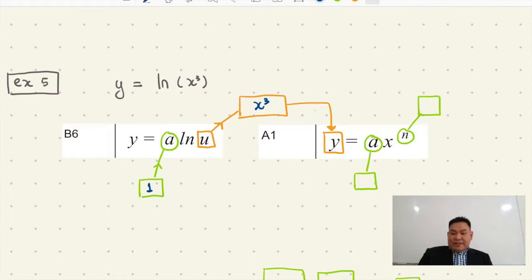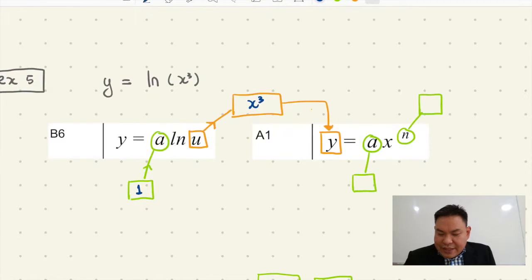If you replace y with x cubed in formula A1, then a must be equal to 1 and n equals 3.